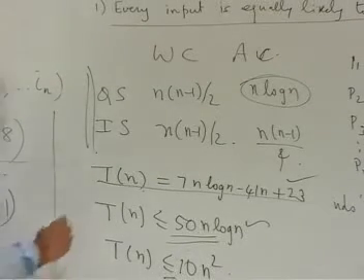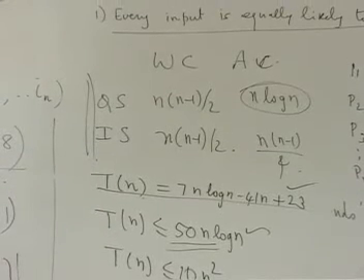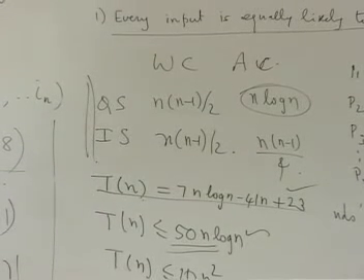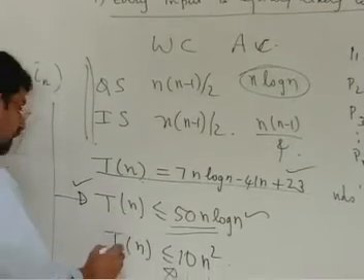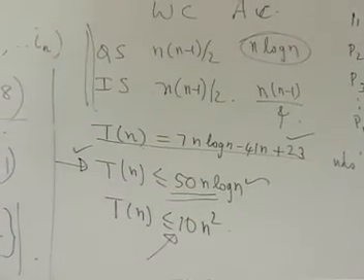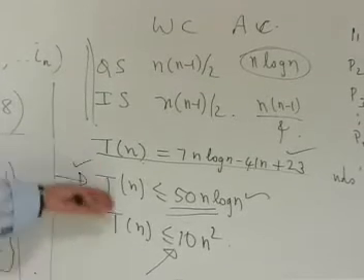Especially when T of n is something like the running time or the complexity of an algorithm. Getting this kind of a bound is better than getting this kind of a bound. Why do we have to do this?